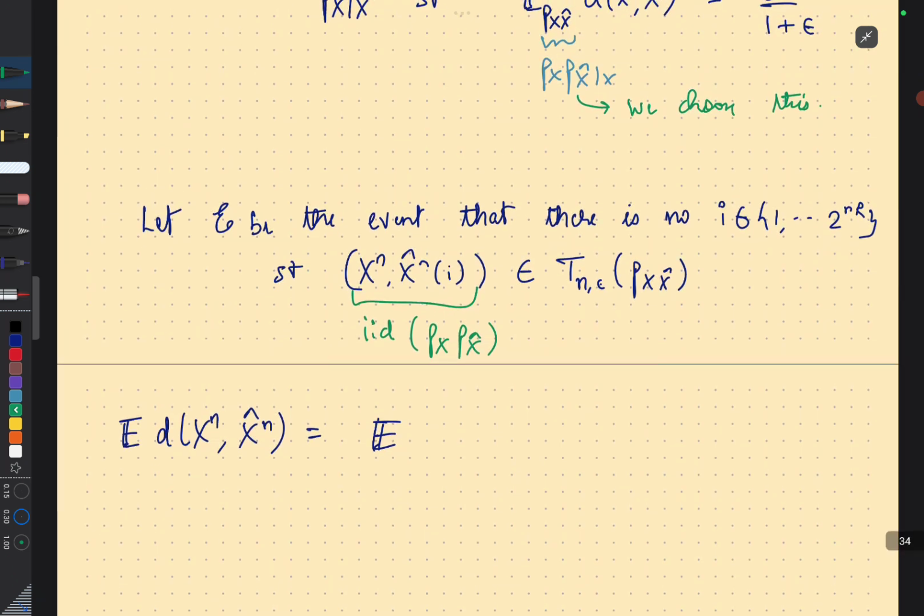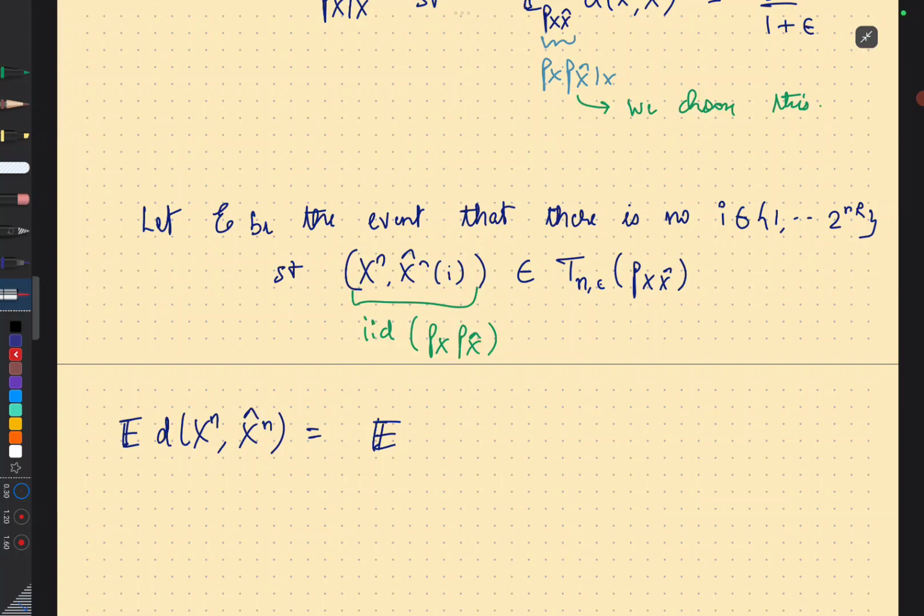Okay, but how are these sequences actually distributed? This pair, Xn and Xn hat of i. They are the product of Px and Px hat. Correct. But the joint distribution of this is not Pxx hat.